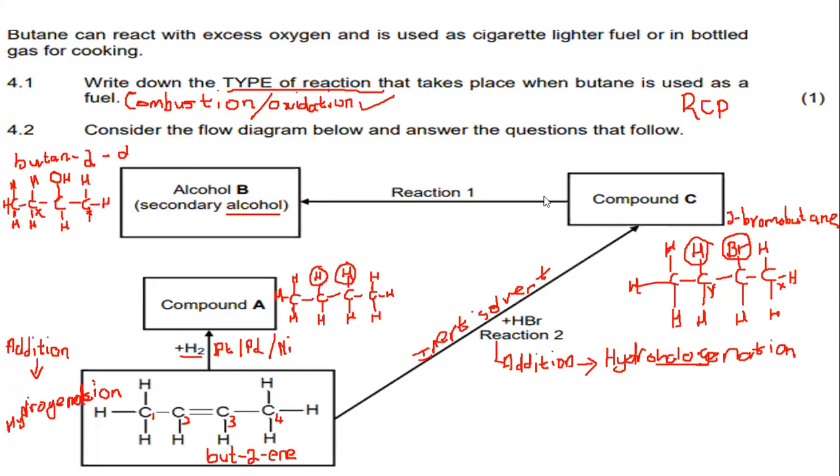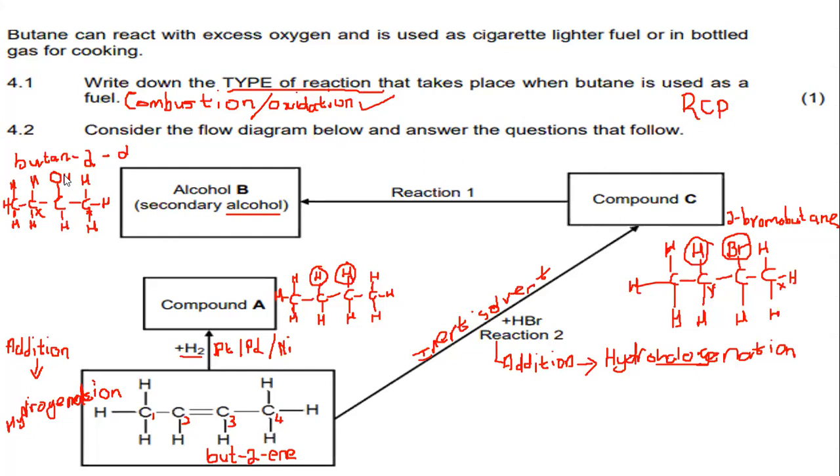So I can see now the transformation, it's actually from having a Br on carbon number 2 to having an OH on carbon number 2. And it was all hydrogens except on carbon 2 where it was a Br.